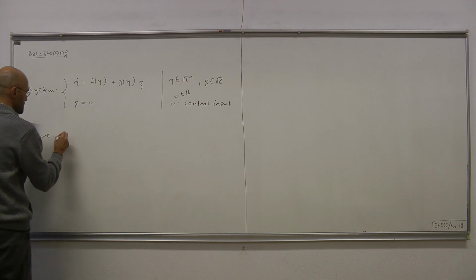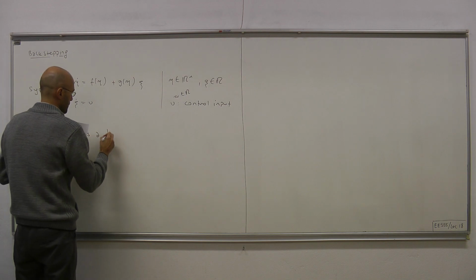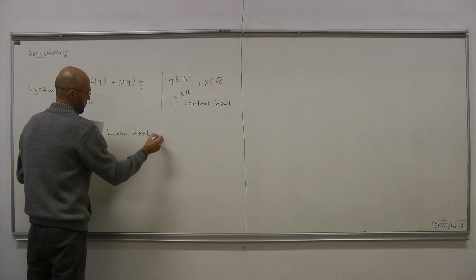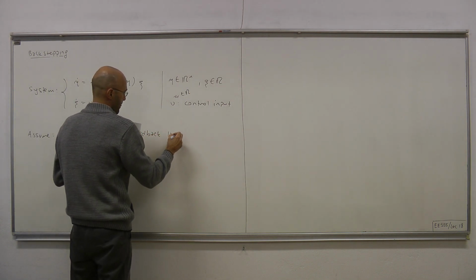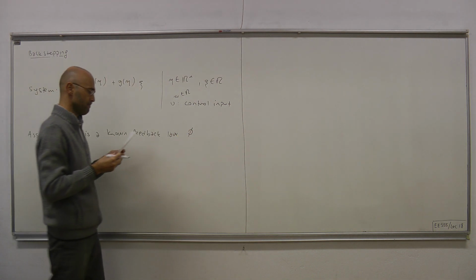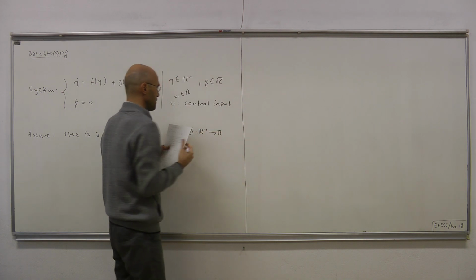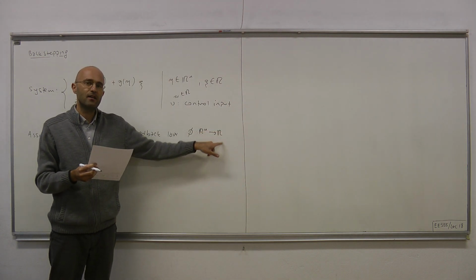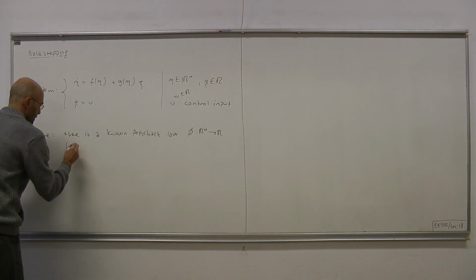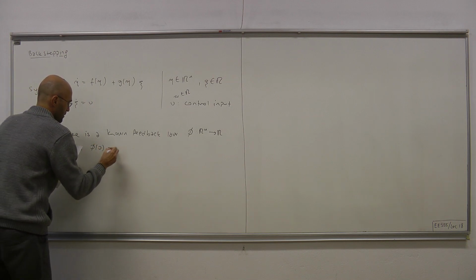Assume that there is a known feedback law denoted by phi. This is a mapping from R^n to the real line with the property that it's 0 at the origin.